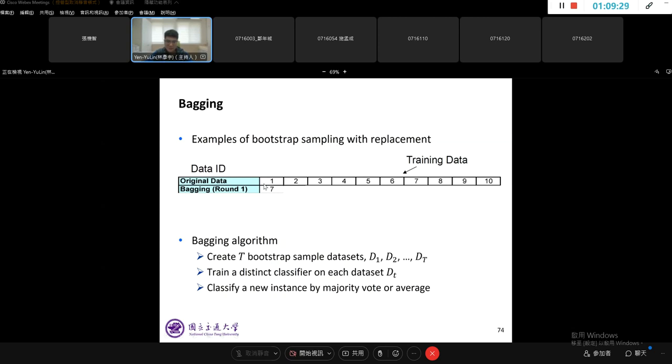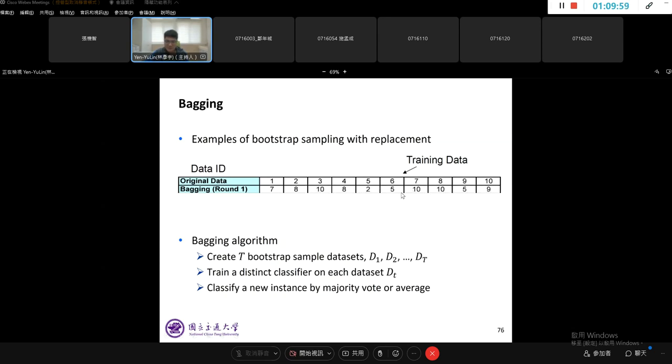So we put this data point back to the original data set. When we want to sample the second data point, we also sample from the 10 candidates. So in this process, we sample training data number 8. The process is repeated until we have 10 training data.